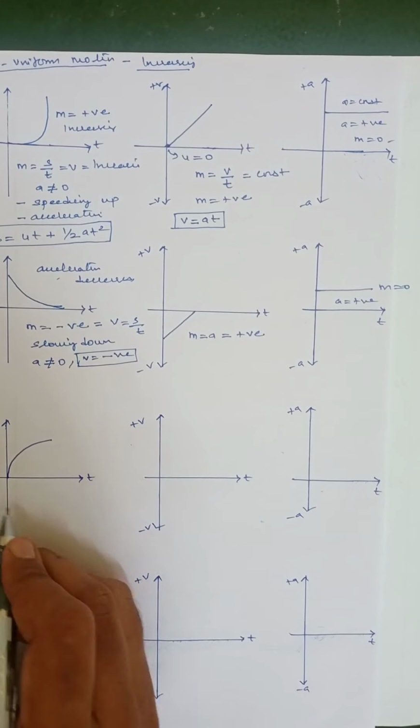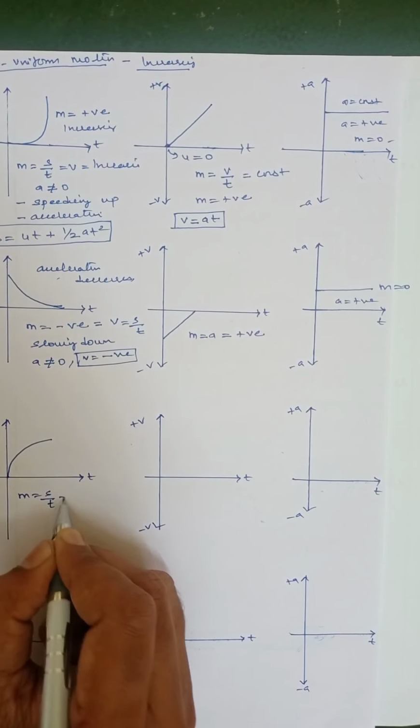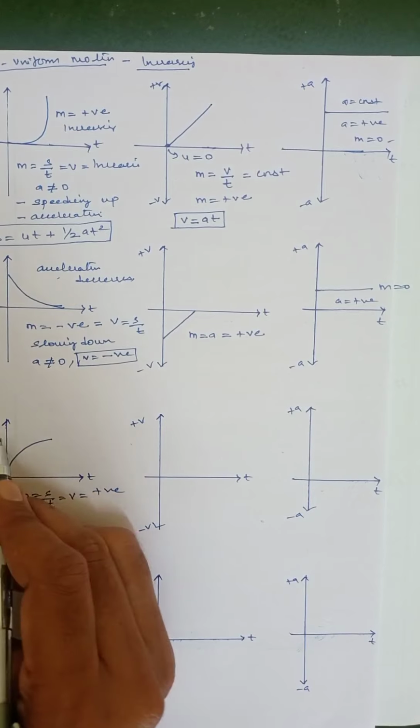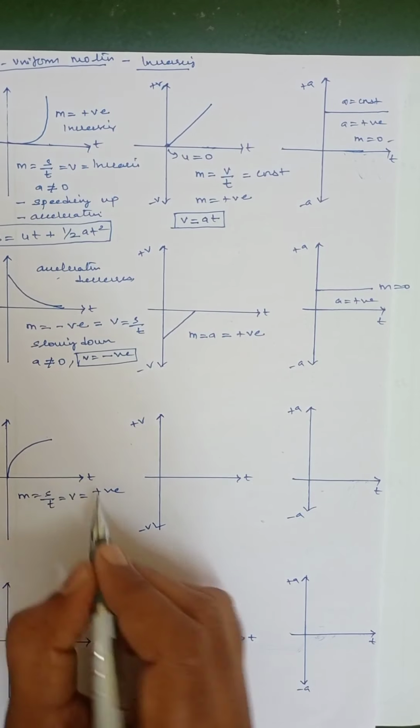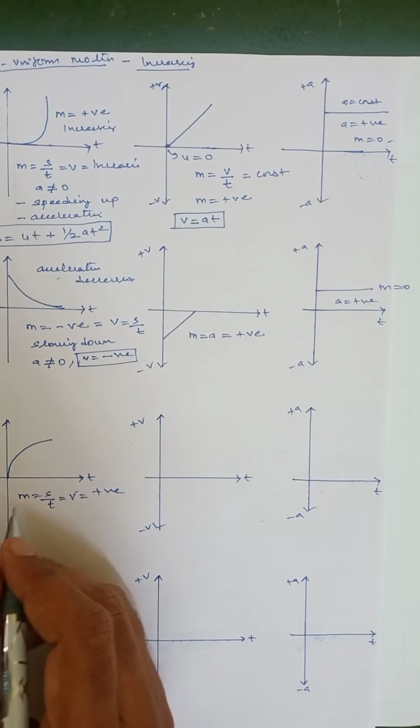Here m equal to s by t equal to v equal to positive. As the distance increased as well as time increased, both increased, v will be somewhat positive.